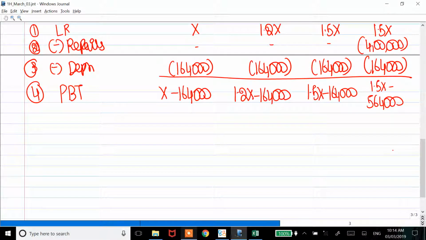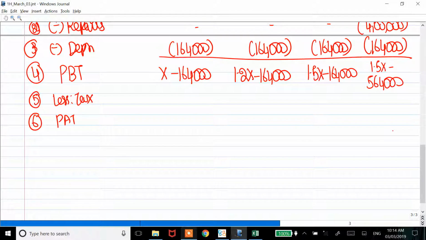x minus 164, 1.2x minus 164, 1.5x minus 164, 1.5x minus 564. Less tax, PAT. 50% tax.